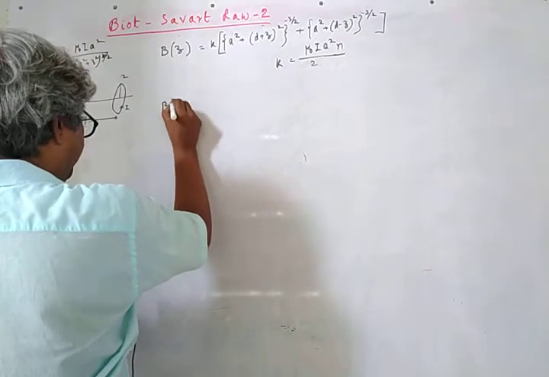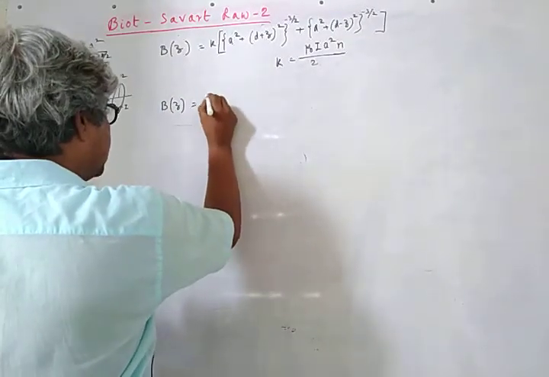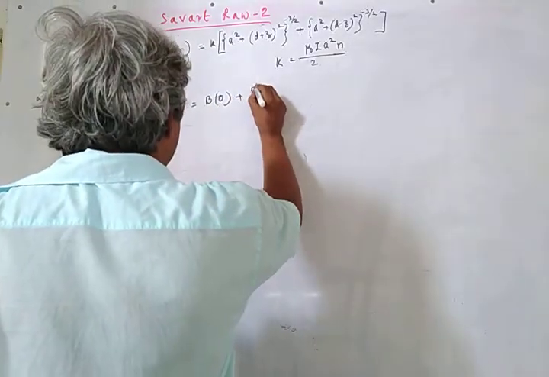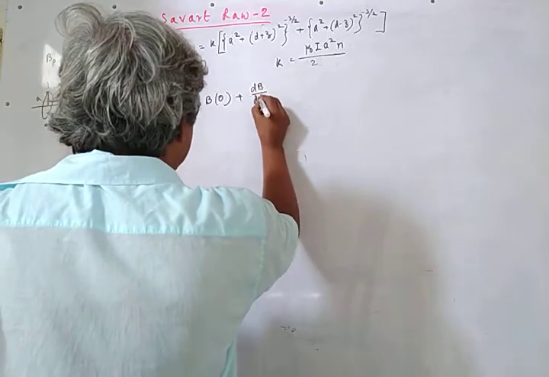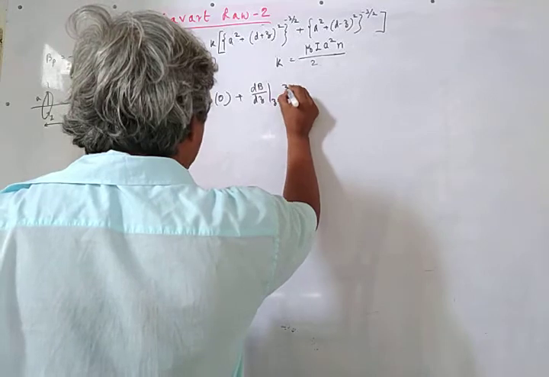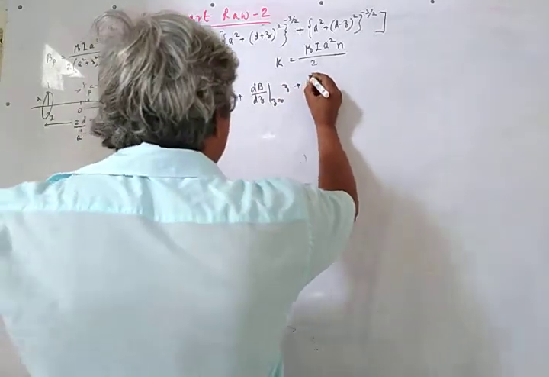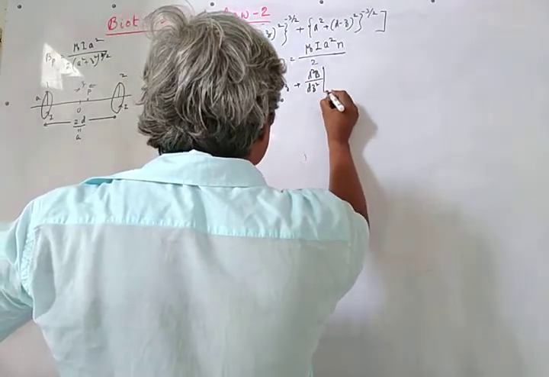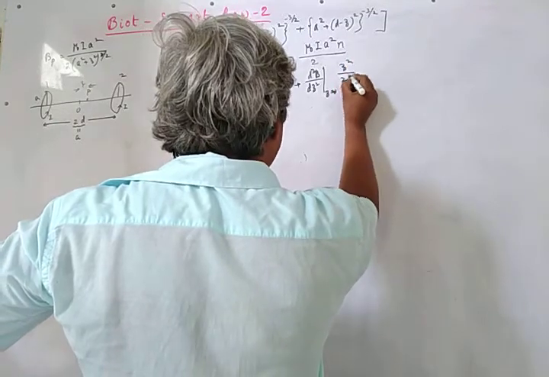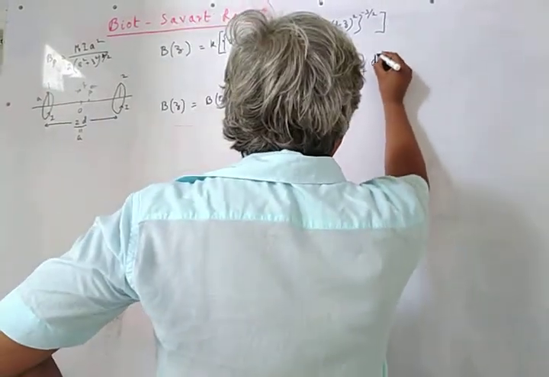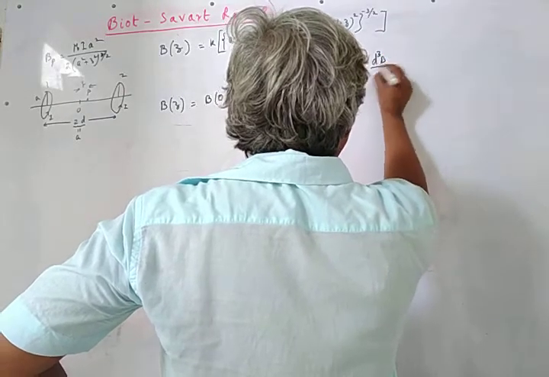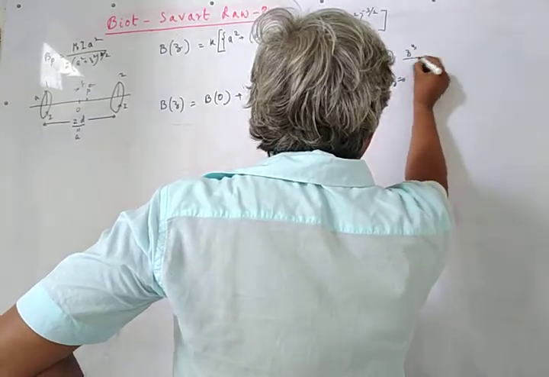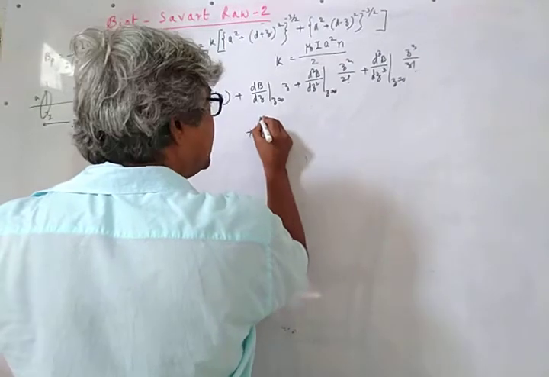We expand the field B in Taylor series, so it is B at 0 plus ∂B/∂z at z equal to 0 times z, plus ∂²B/∂z² at z equal to 0 times z² by factorial 2, plus still higher order terms.